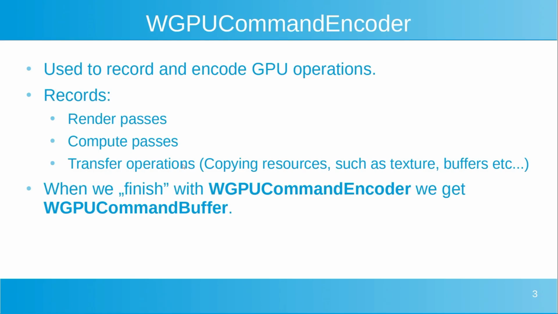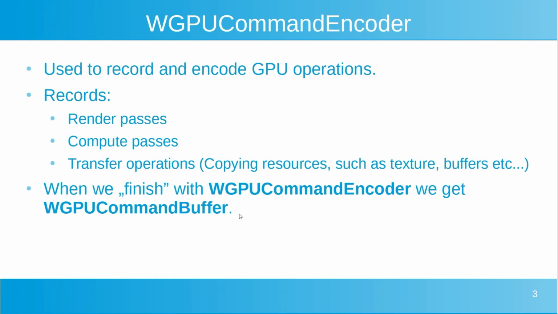Then we have transfer operations, but that just means copying resources, such as copying a texture to another texture, or a region of a texture to another texture. Buffers we're also going to cover in the future. Buffers are just chunks of memory that are going to go to the GPU, usually our information about the model: where the vertices are, what the normals are, texture coordinates, stuff like that.